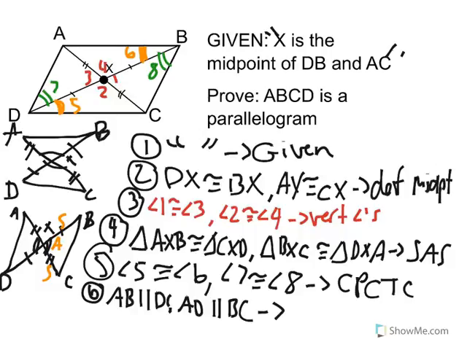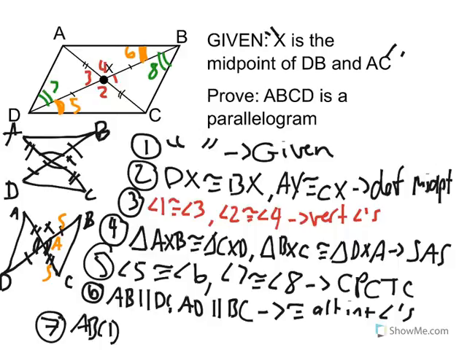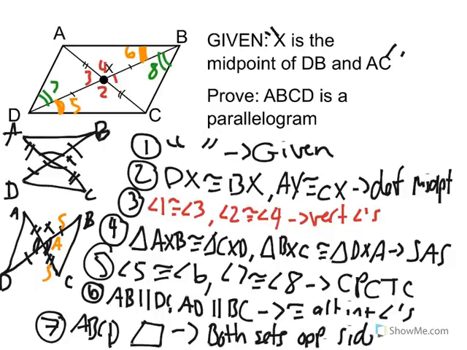And we know this because we have congruent alternate interior angles. So now I can end with what I want to prove. ABCD is a parallelogram because both sets of opposite sides are parallel. And that's it.